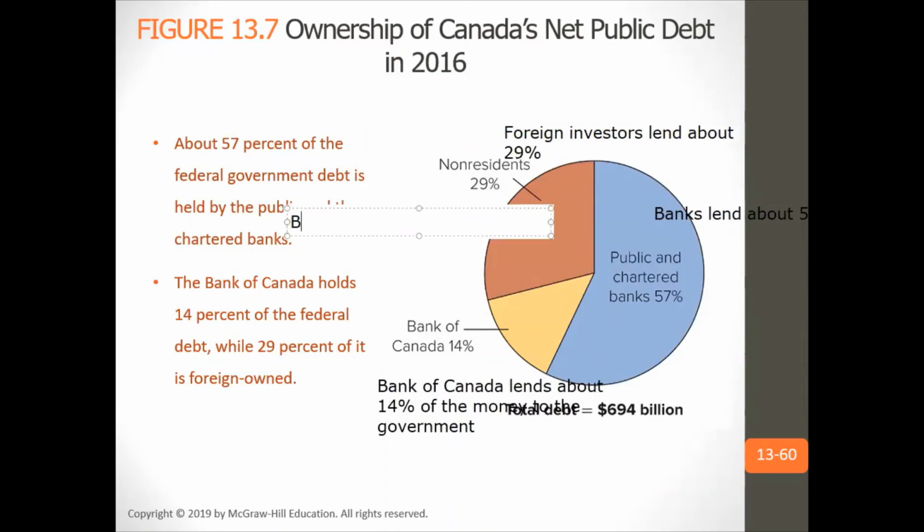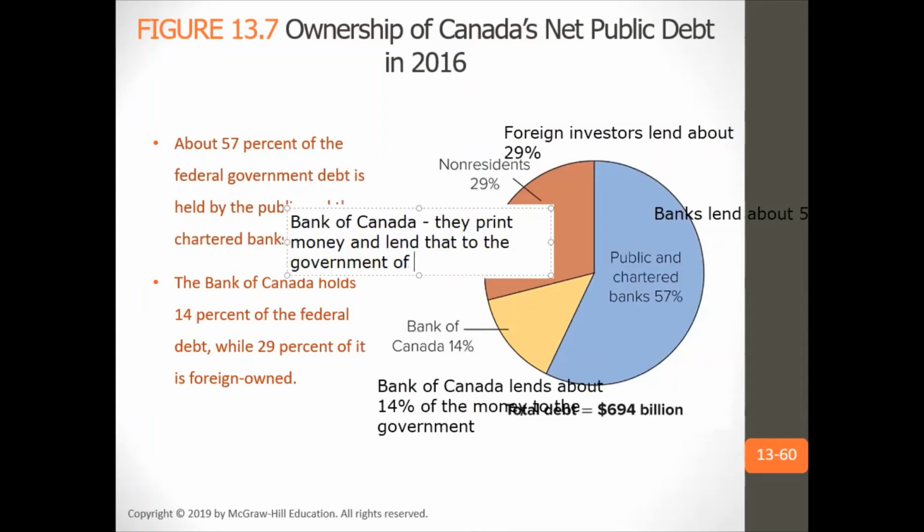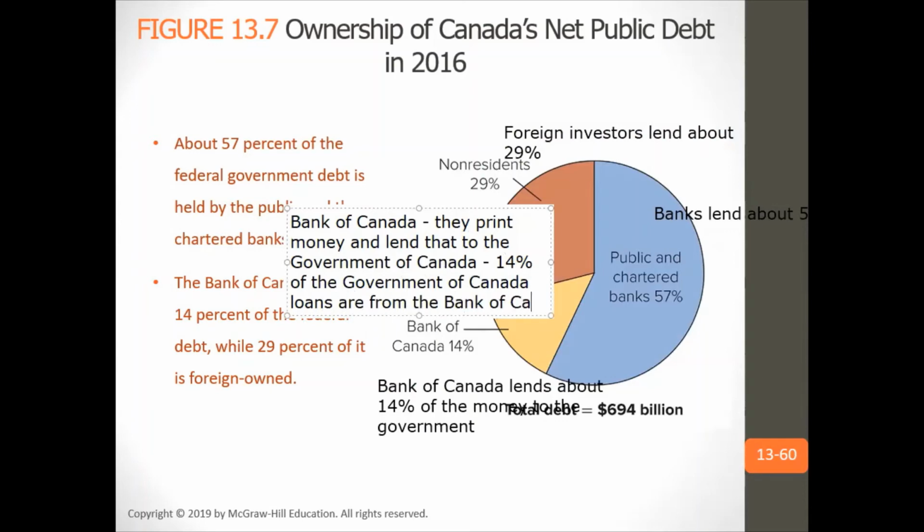So the Bank of Canada debt works as follows: the Bank of Canada prints money and lends that to the government of Canada. This happens with 14% of the government of Canada loans being from the Bank of Canada.